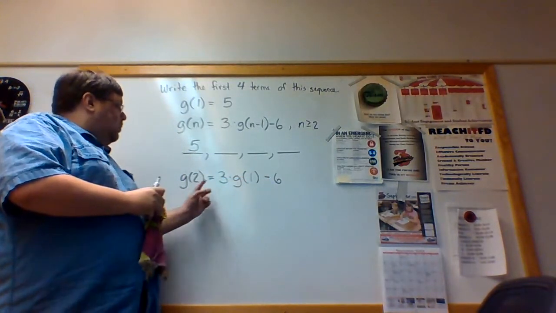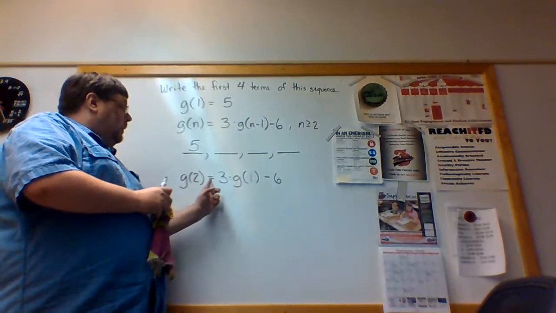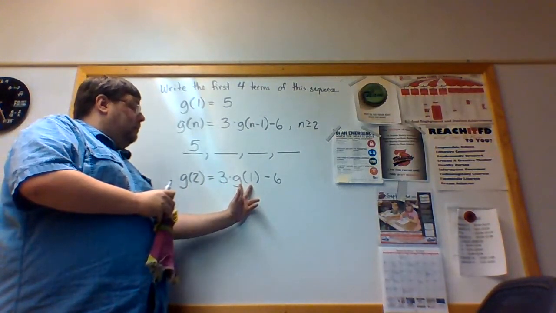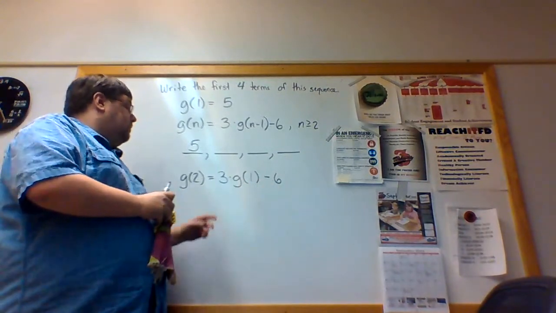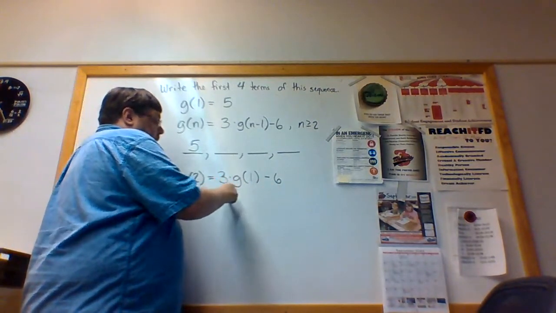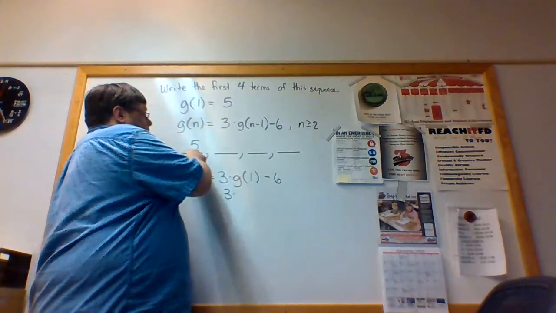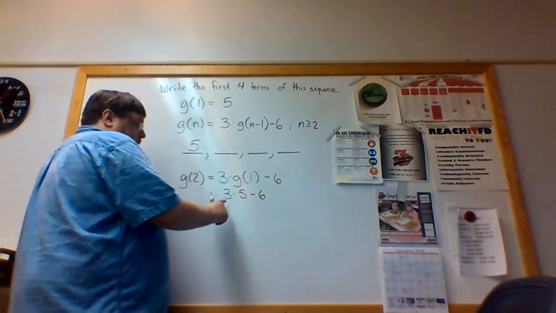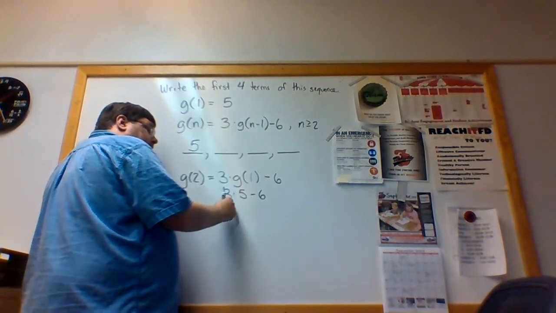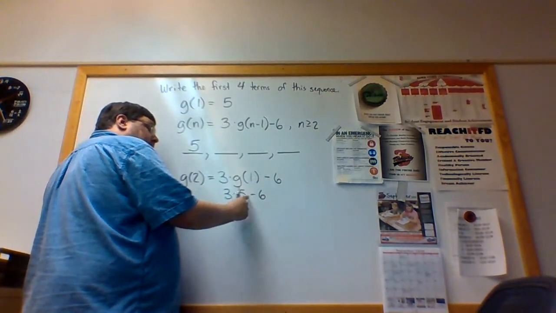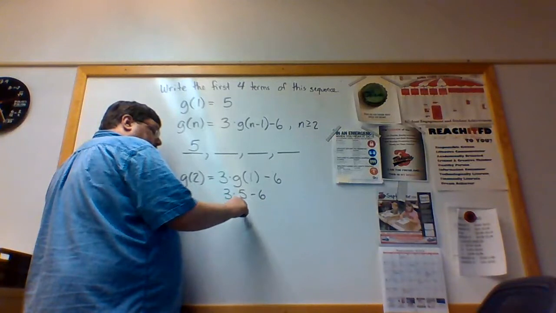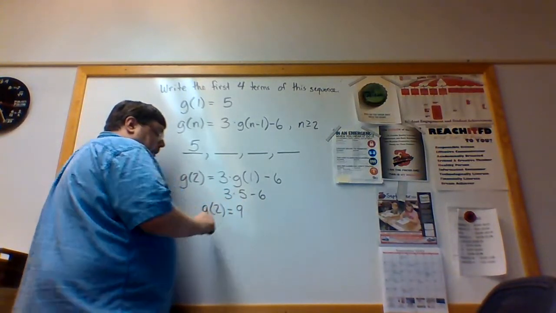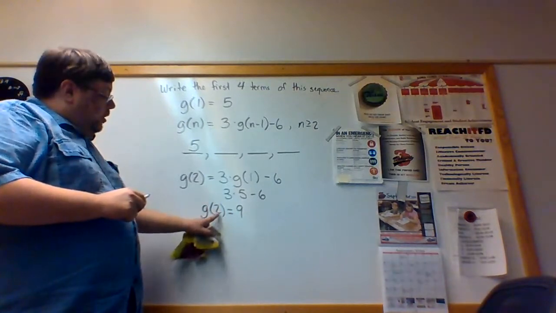So another way to say this would be term 2 is 3 times term 1 minus 6. So 3 times term 1, which was 5, minus 6. Order of operations tells us multiply, so we get 15, then subtract the 6, we get 9. So g of 2 is 9. The second term is a 9.